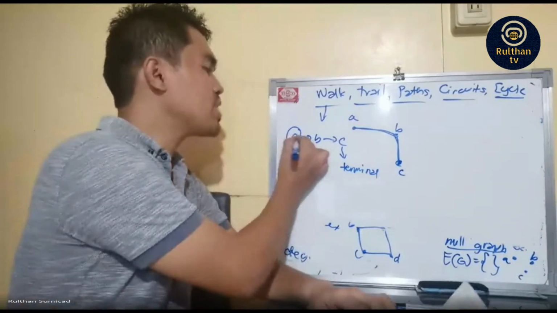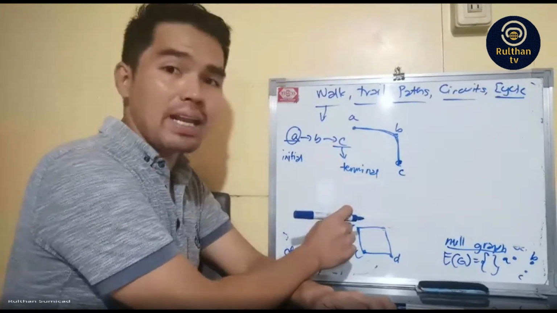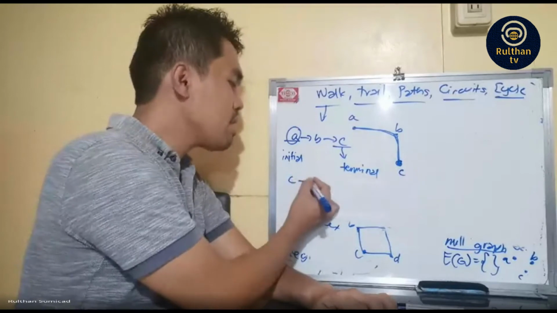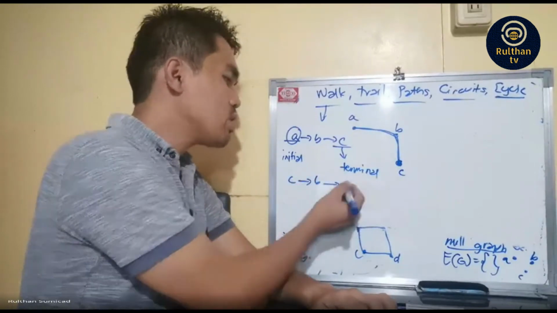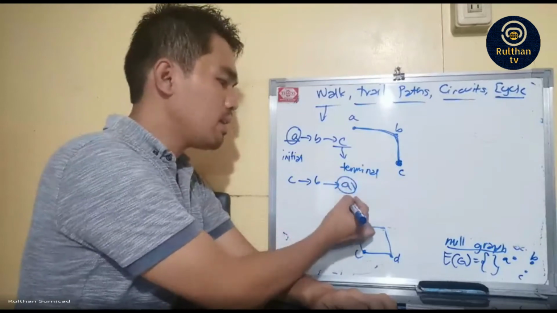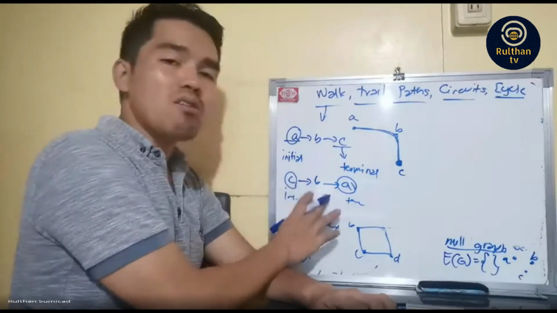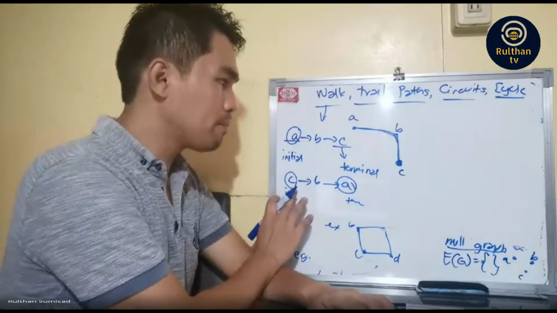So the initial is the beginning vertex, and the terminal is the end vertex in any walk. If I start my walk from C, B, and going to A, this is my terminal, this is my initial. Okay? So the arrow indicates where you're heading or how the walk is being performed.